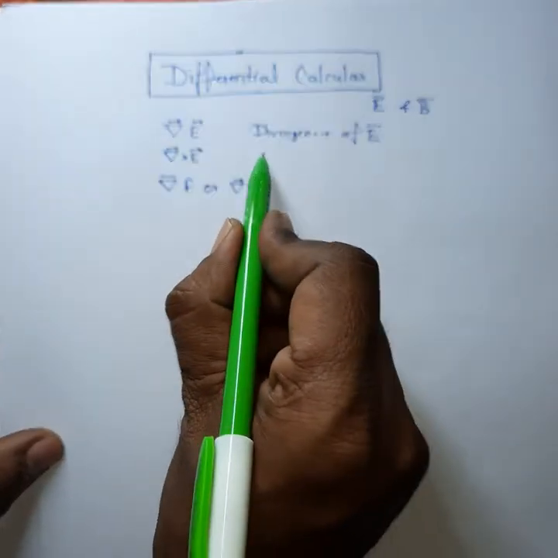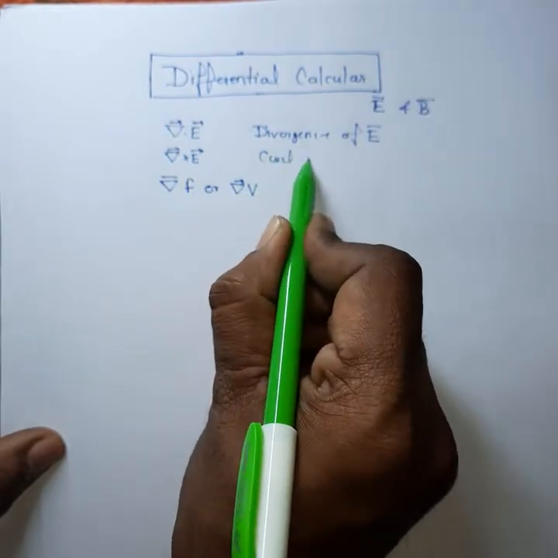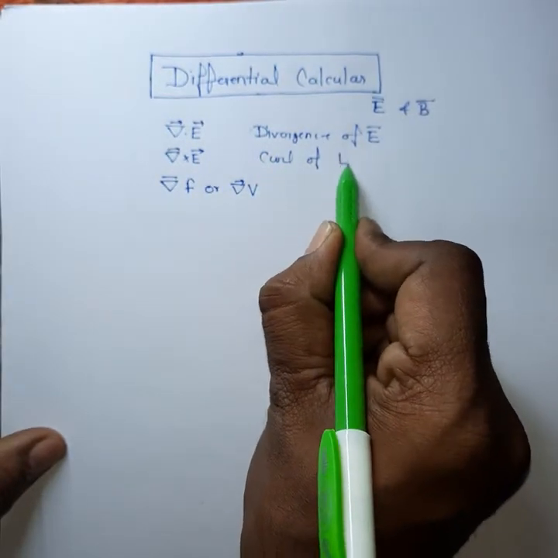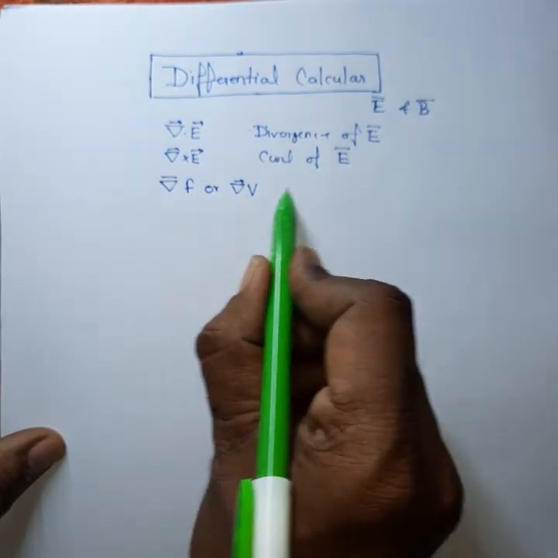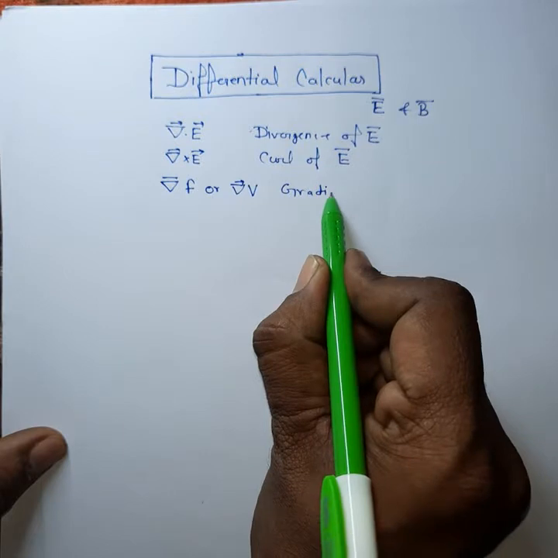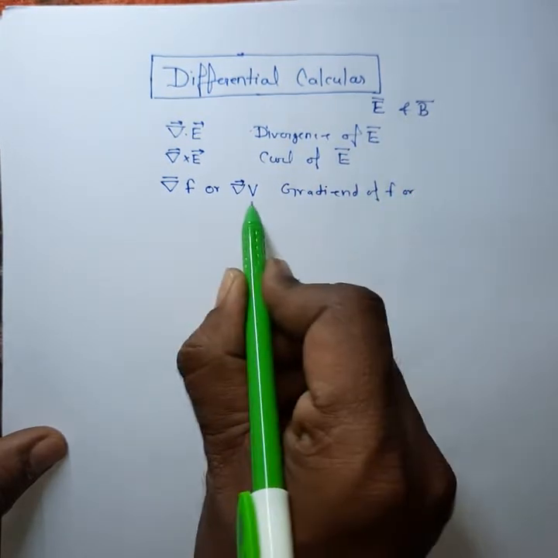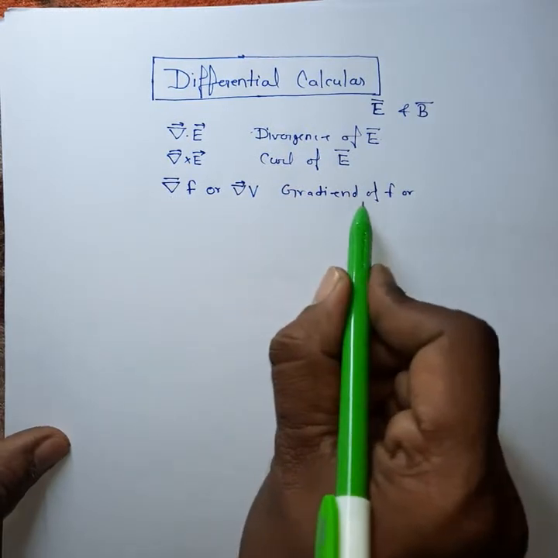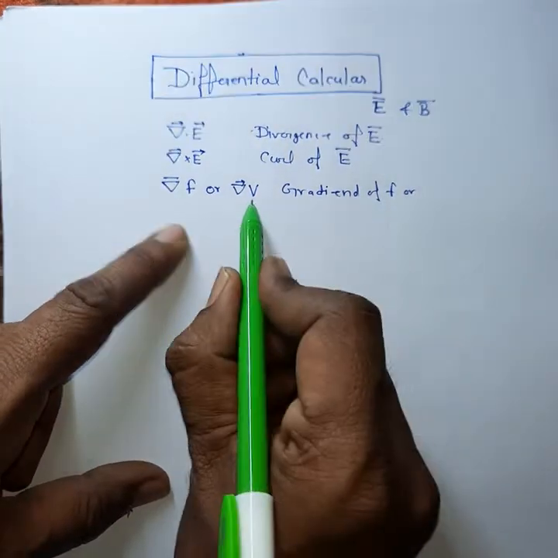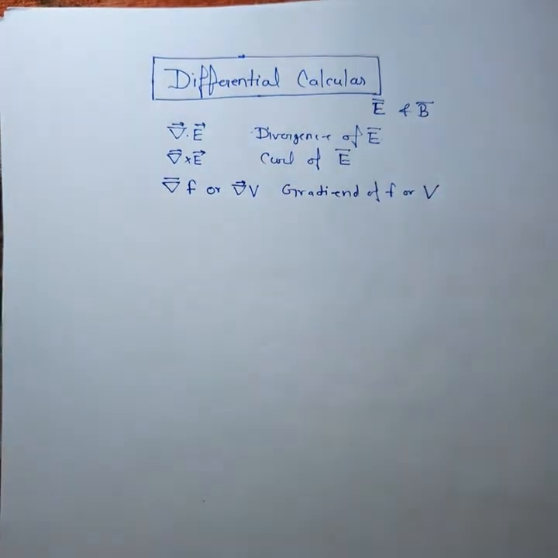Similarly, you can define this term as curl of E, and this is gradient of F, and if you write V here, then it is gradient of V.